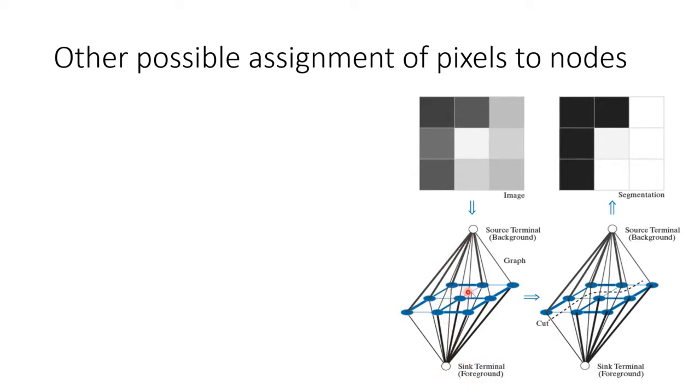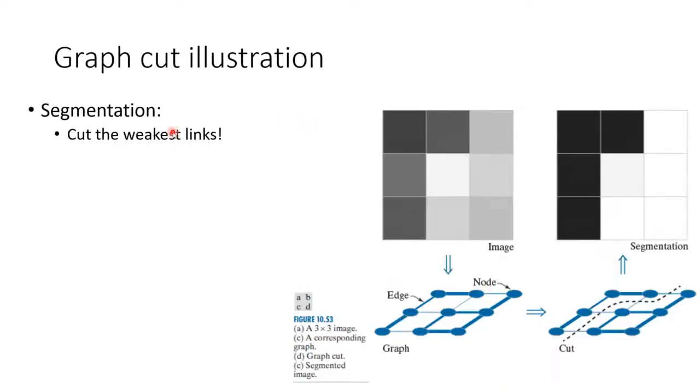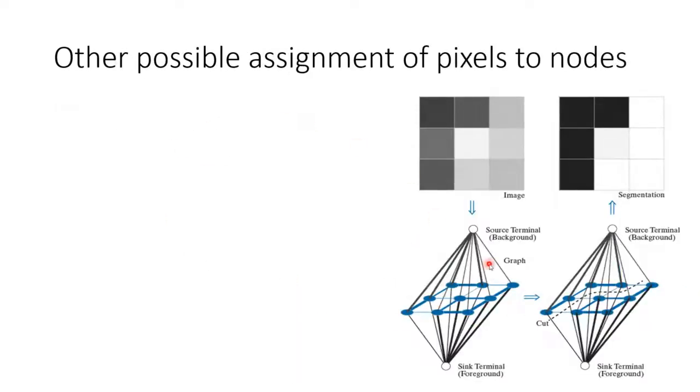So given the similarity criteria that we defined before, the edges connecting the source terminal to background pixels will be stronger. They will have a larger weight, so they will be thicker edges, and the same thing with the sink terminal representing foreground.